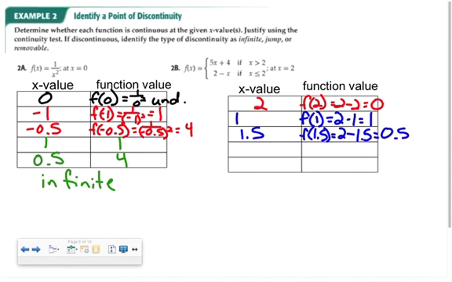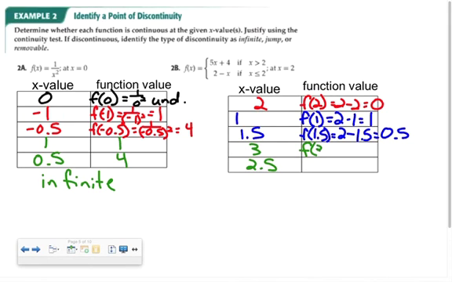So as I'm approaching 2 from the left, I am getting closer to my function value at 2. I am getting closer to 0. So that looks promising. Now I have to approach it from the right. So approaching 2 from the right would be 3 and 2.5.